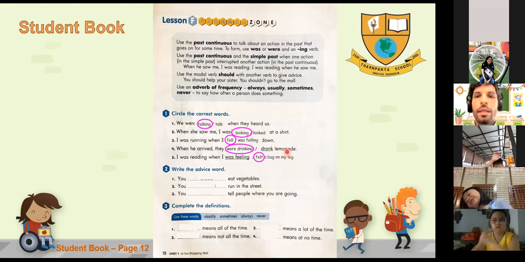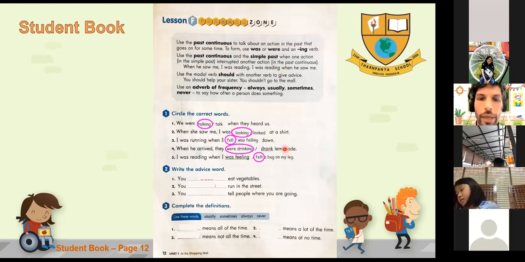Okay. Now we are going to talk about another rule. Listen, we use the modal verb should. Should is another category of verb that is called a modal verb. We use the modal verb should with another verb to give advice.